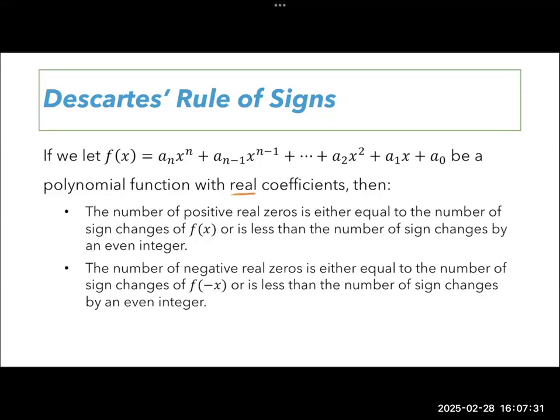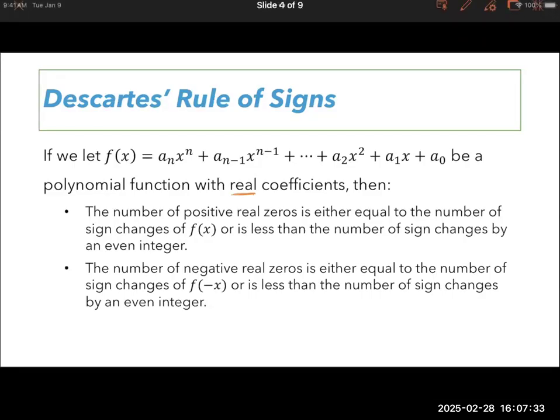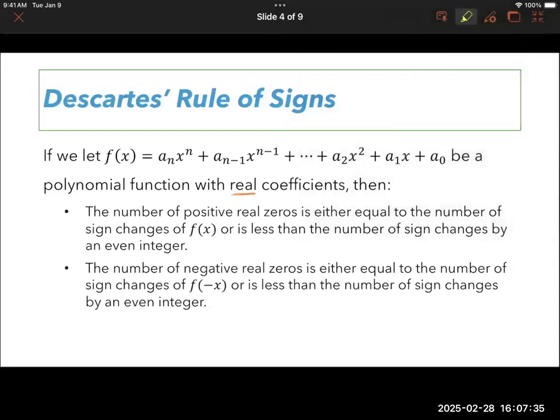Then the number of positive real zeros is either equal to the number of sign changes of your function, or is less than that number of sign changes by an even integer.